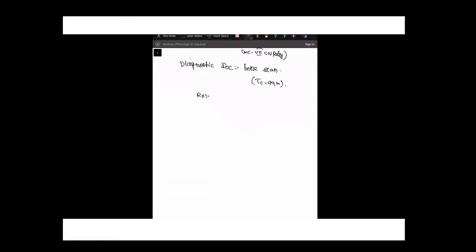Treatment is ciprofloxacin. And we go for ASOM, acute suppurative otitis media, or acute otitis media, all are the same.